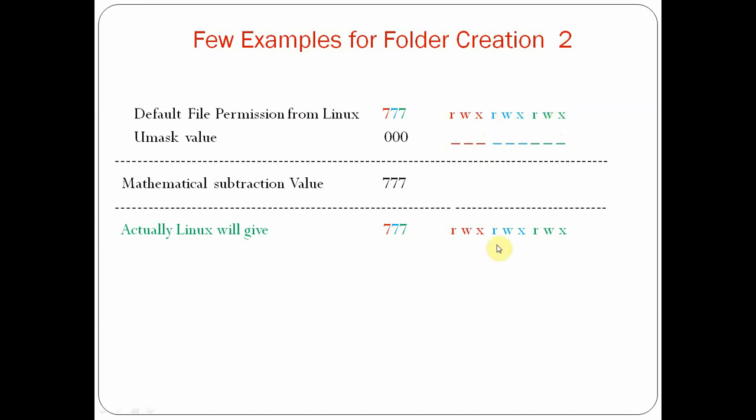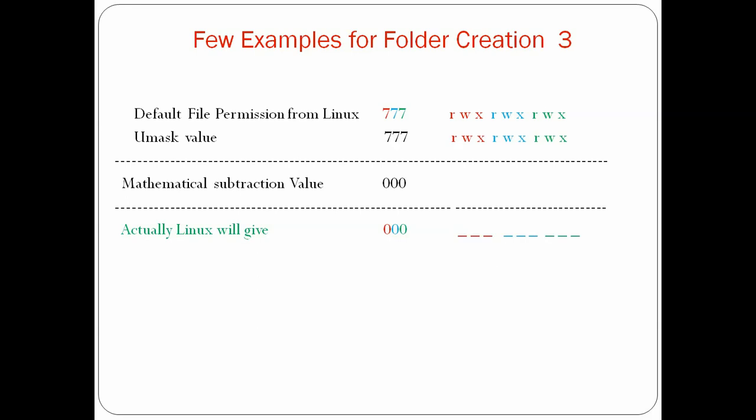I agree that in case of folders, subtraction logic will work, but in case of files, it won't work in all cases. So it is always better to follow masking logic. Masking is nothing but filtering the weights from the default permissions offered by Linux.